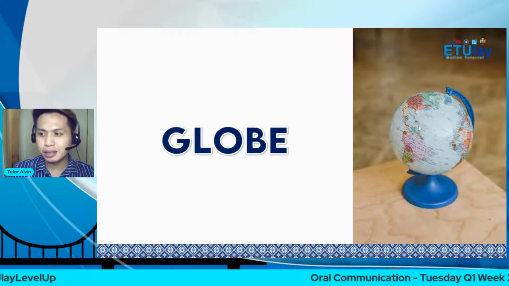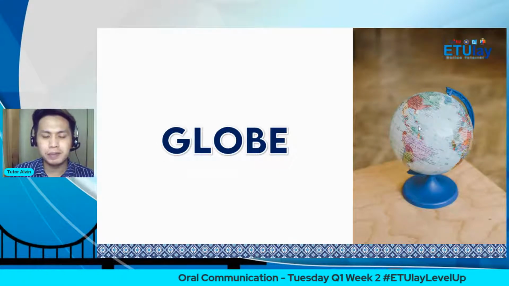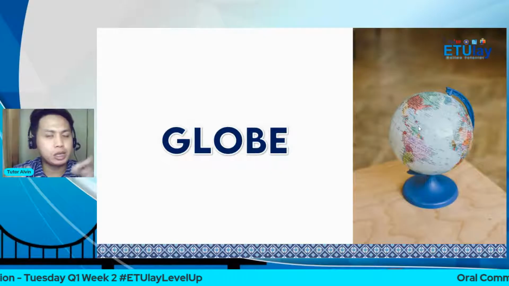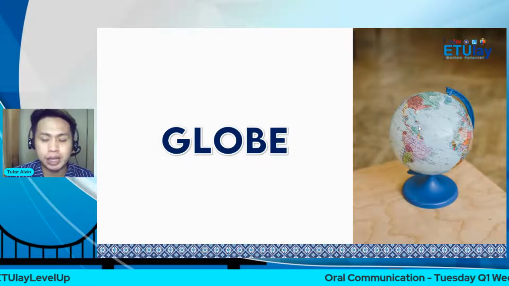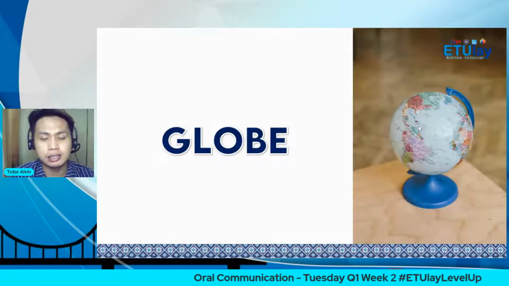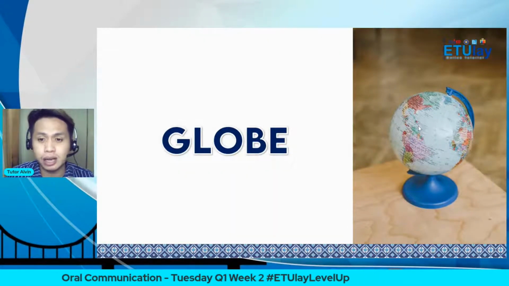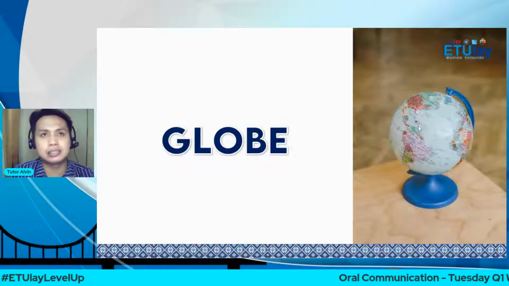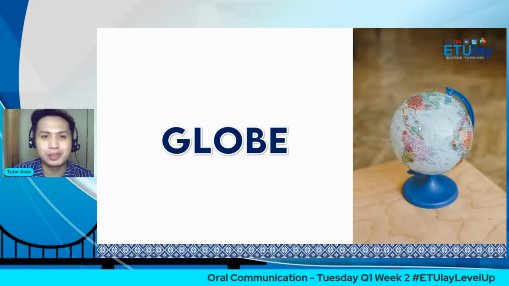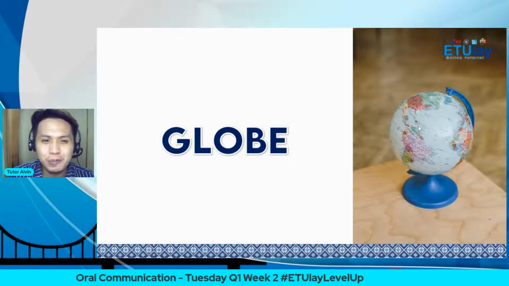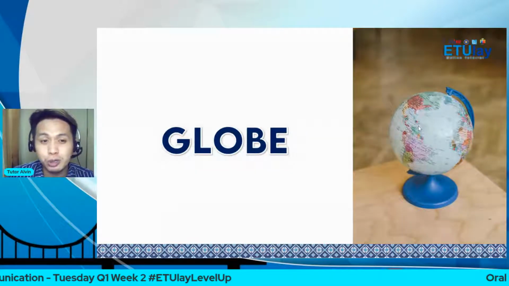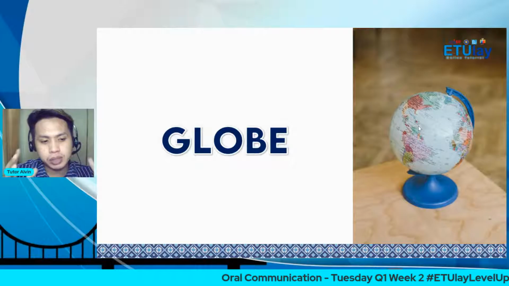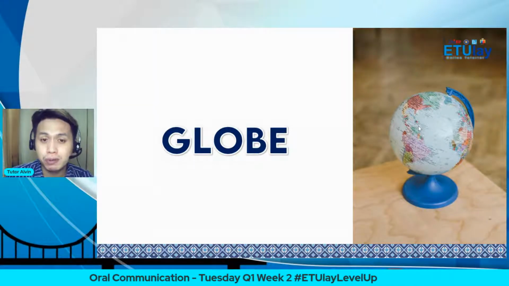Thanks to the globe, we are able to have a visual, or a picture, of what the earth looks like, and even the specific location of countries, because we all know that the earth is a very vast, gargantuan thing. So through a model, which we call the globe, we can somehow have a picture of how the earth looks.